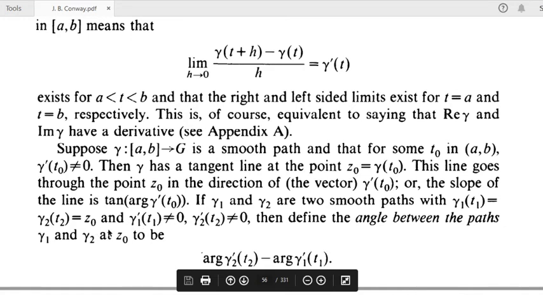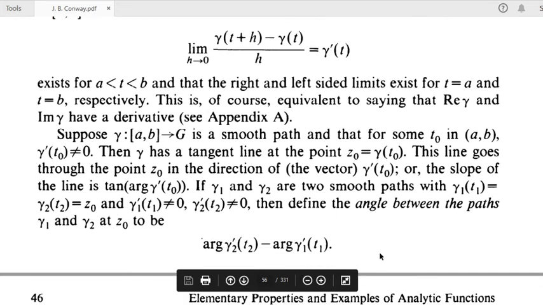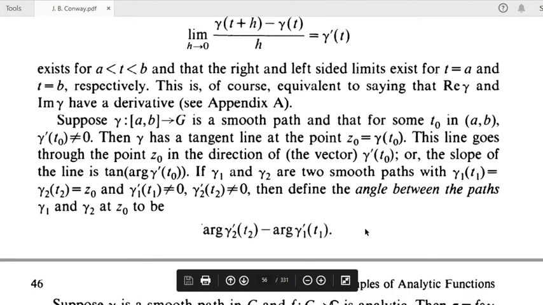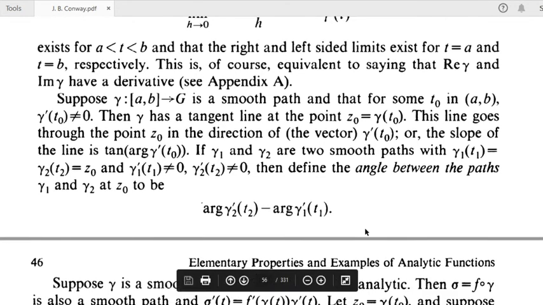If at both t1 and t2 the derivatives of gamma 1 and gamma 2 are not equal to 0, then we define the angle between the paths gamma 1 and gamma 2 at the point z0 as the argument of gamma 2 dash of t2 minus the argument of gamma 1 dash of t1. That is an important definition we require.